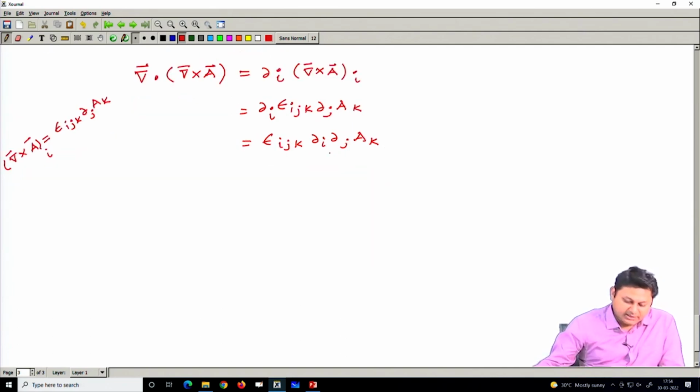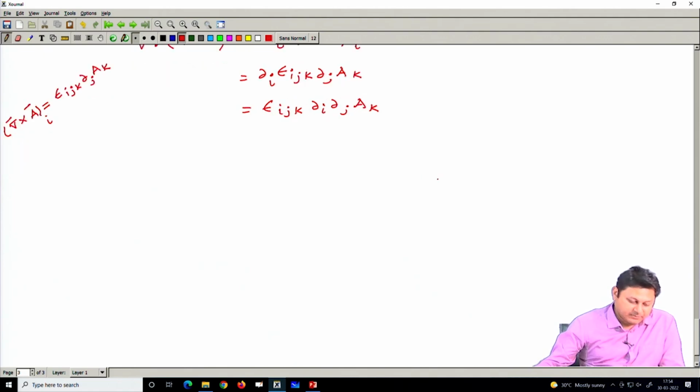You can see that i, j, k are repeated dummy indices, so that many combinations you can have. Now, you need to start putting in the values.